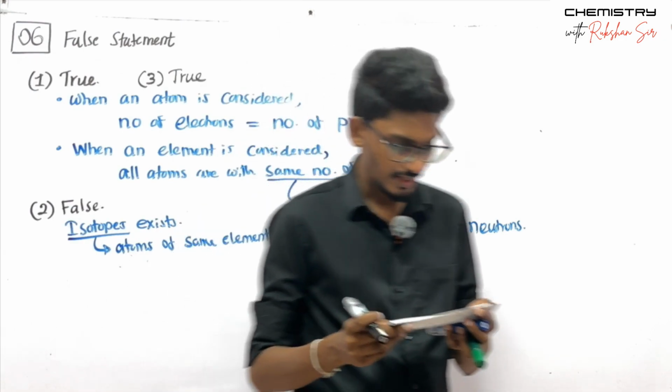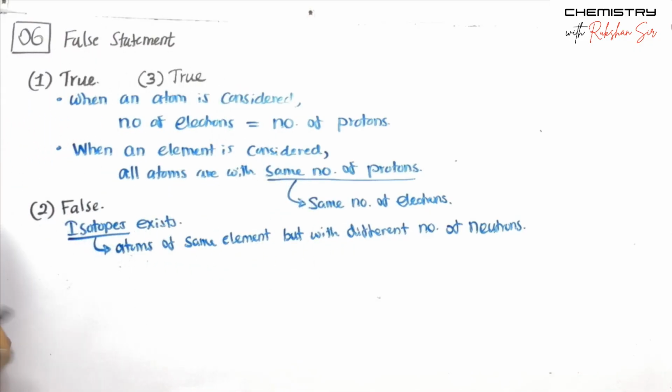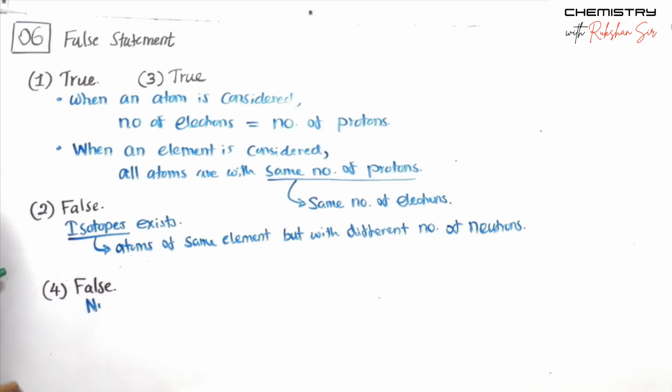For the fourth, every atom in an element has an equal number of nucleons. That is also false. Why is that? What are nucleons?